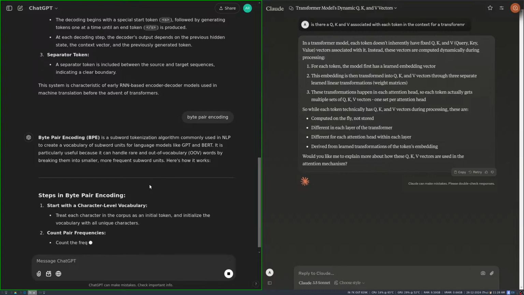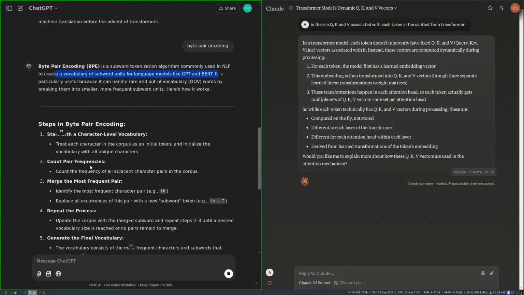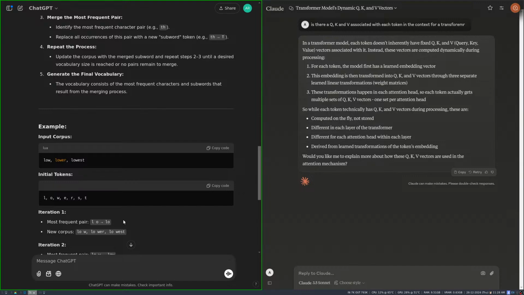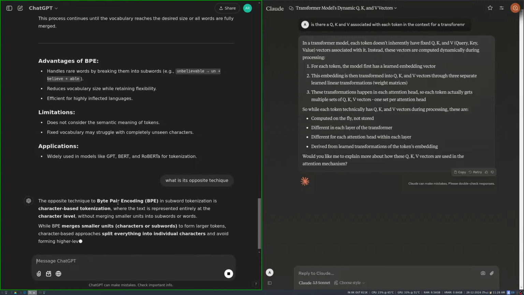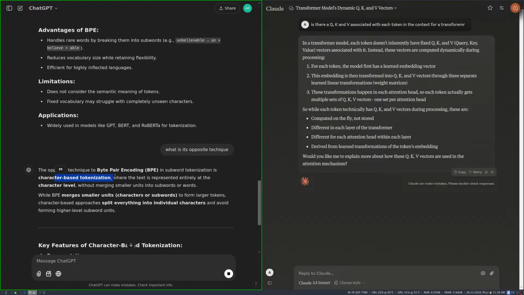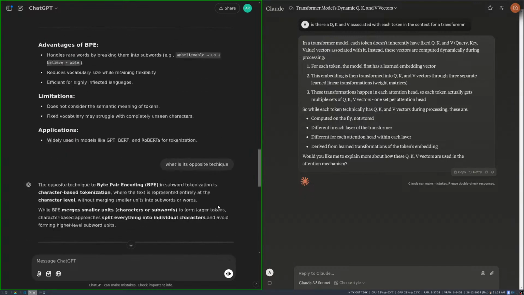Byte pair encoding is a subword tokenization algorithm commonly used in NLP. Okay, I was wrong. I thought it was character level tokenization.